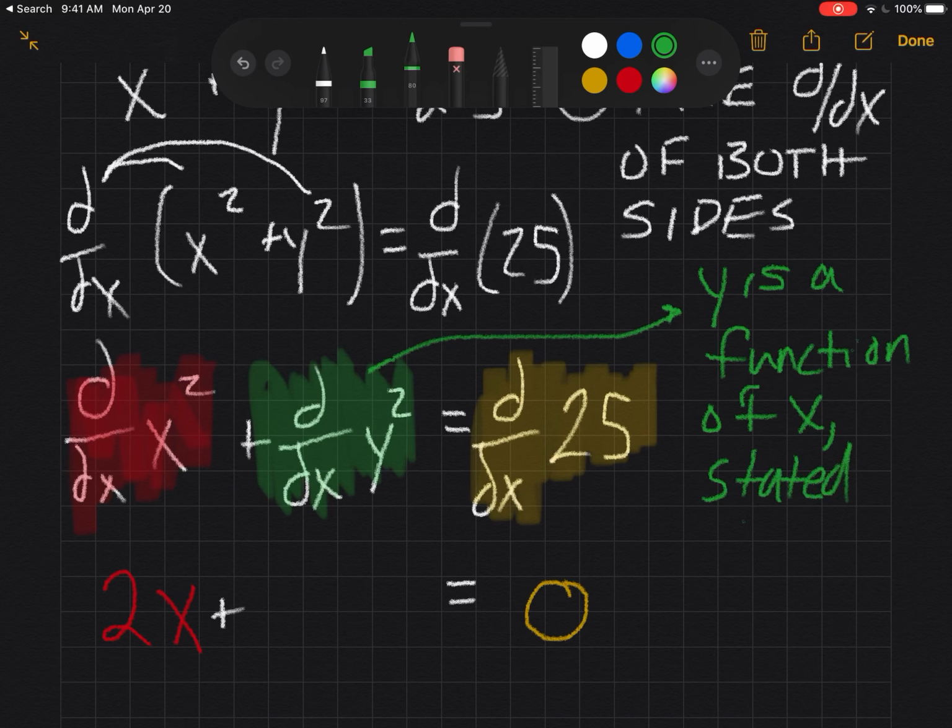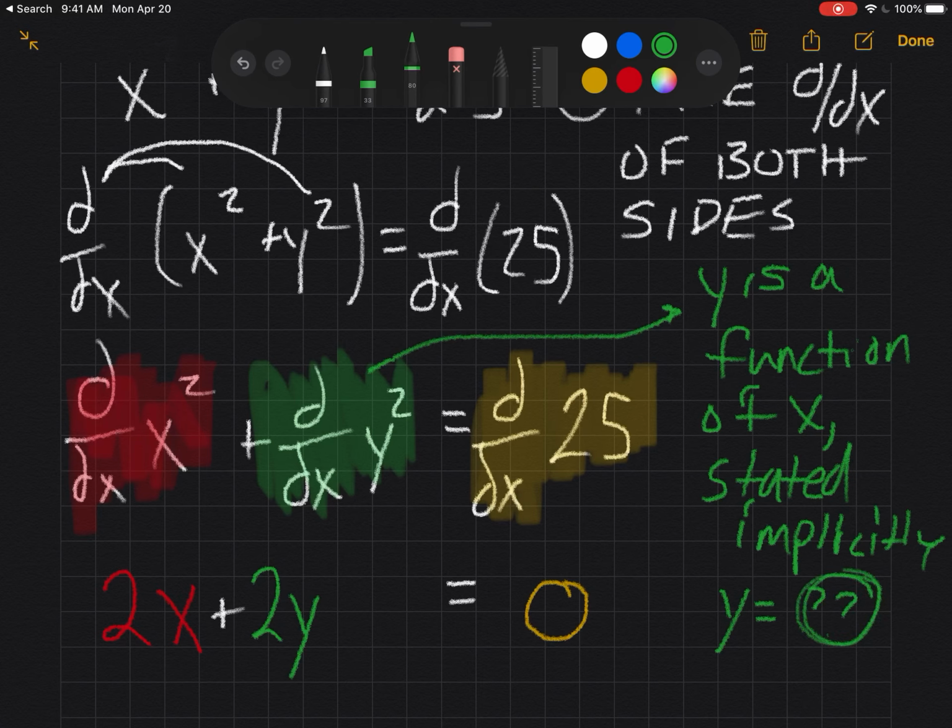So what's going on here is we are treating y as a function of x. So we know, let's put this in green, y is a function of x, and it's stated implicitly. And so what we want to do is actually use the chain rule here. So we're going to treat y as the outside function, and we don't know exactly what the inside function is.